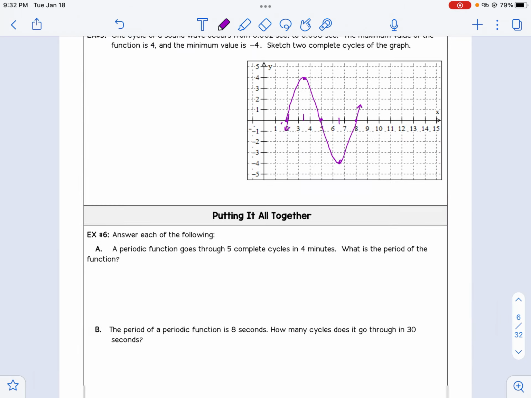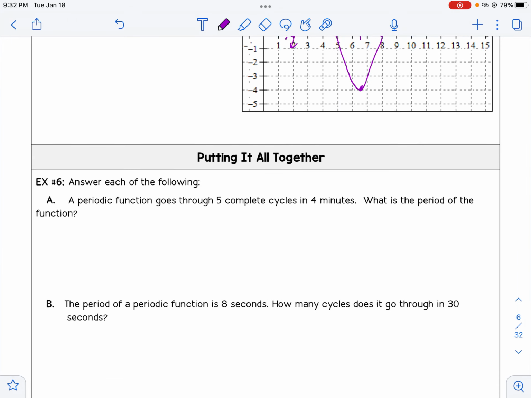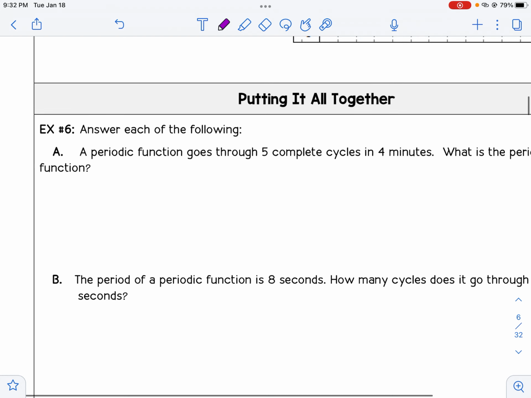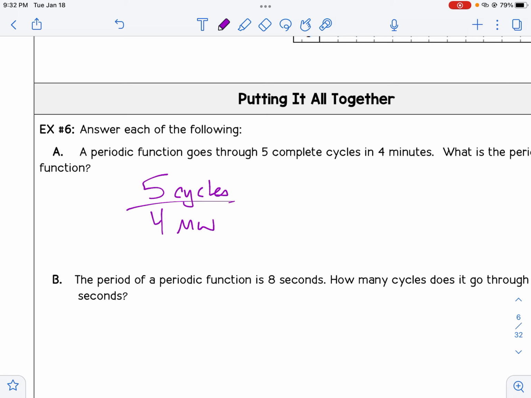So putting it all together here, let's talk about each of these. A periodic function goes through 5 complete cycles in 4 minutes. What is the period? So 5 cycles every 4 minutes. That's nothing more than a rate. There are 2 ways I could look at that. I could do 5 cycles per 4 minutes, or I could determine how many cycles per minute.